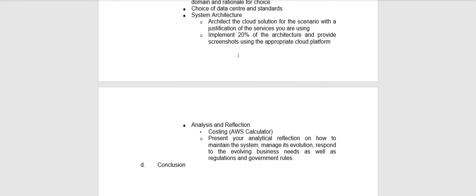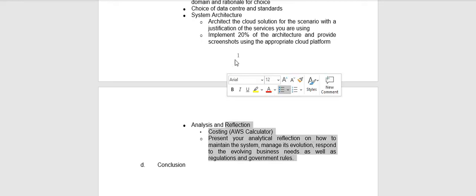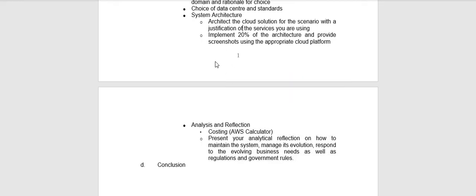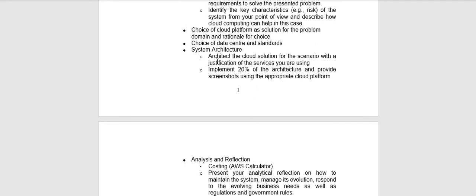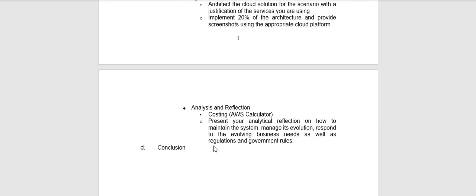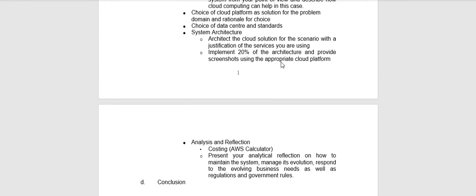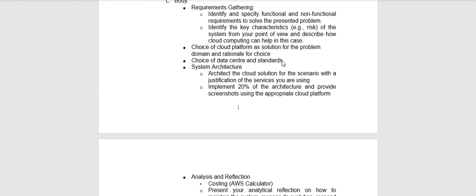For the last two, they will be from the implementation part, so you need not work on these two things. Just up until here you will be working on: choice of data center and standards.